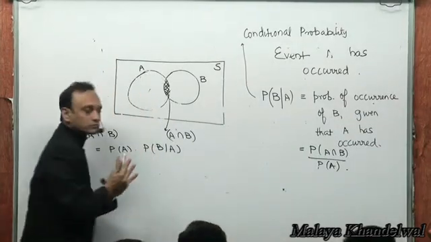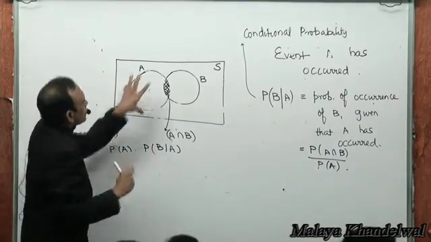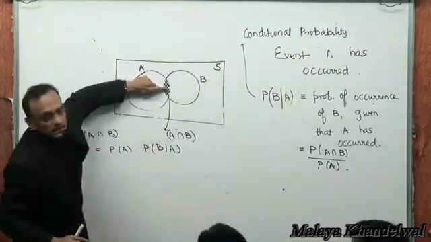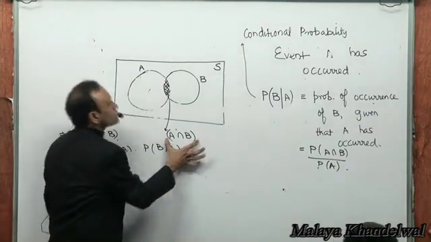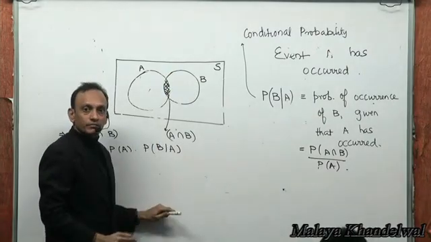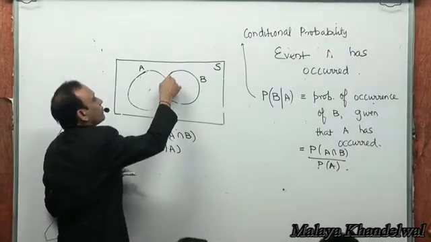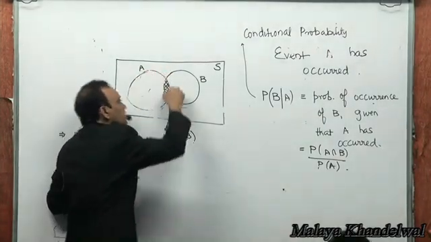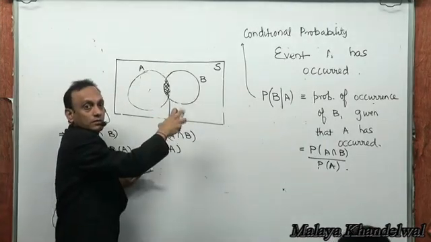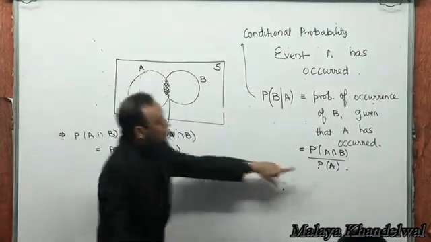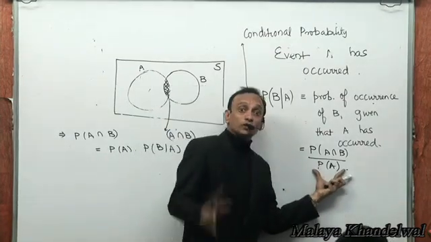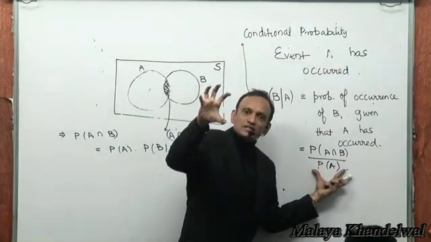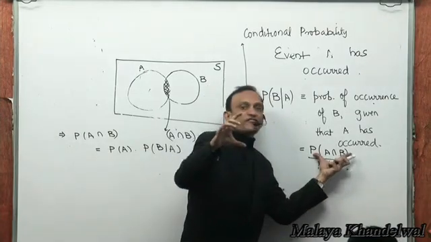Okay, see, the probability of this portion will be proportional to probability of A intersection B, and this is my sample space, and this occurring will be like probability of A. This will be proportional to the total number of members in the sample space, and this would be the favorable region.